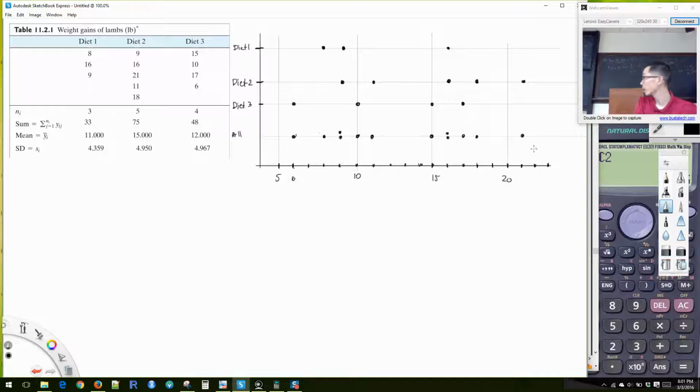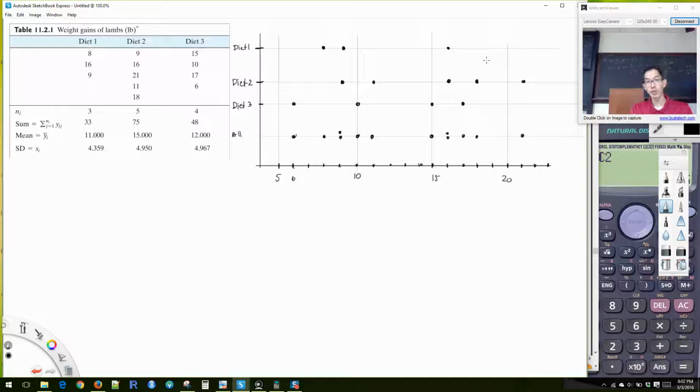And so if I put all of them together, this is what I would have here. All the data points together would look something like that. The concept here is that this is the total amount of variation. We're going to take these data points and spread them out, saying some belong to diet 3, some belong to diet 2, and some belong to diet 1.